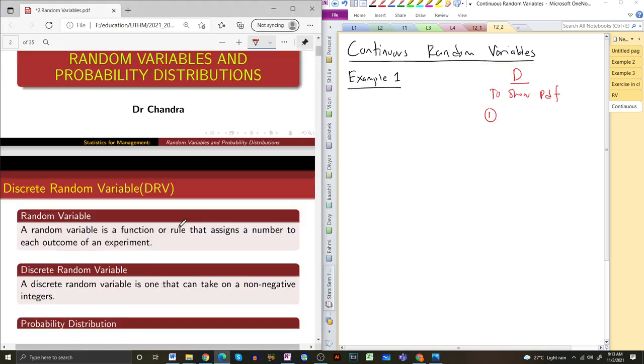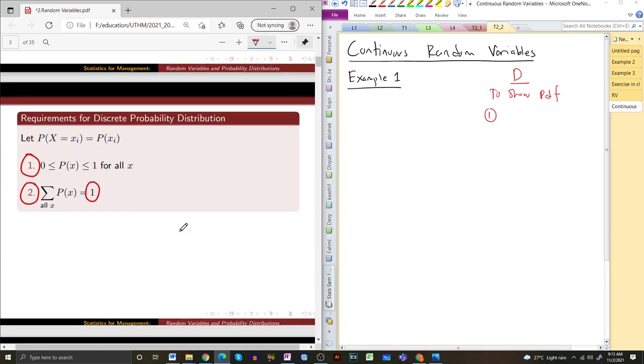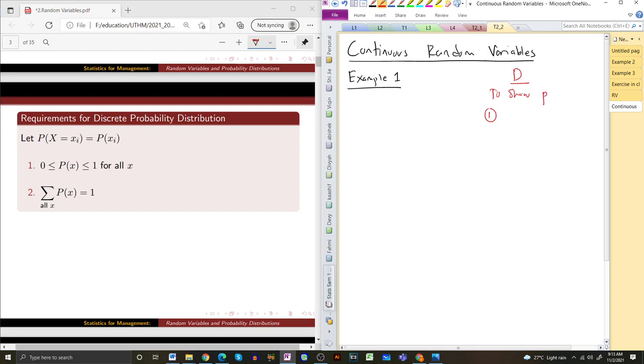In discrete, for you to show it is a probability distribution, first of all the probability must be between 0 and 1, and the second thing is the summation of probability is equal to 1. Remember this is what we did in the discrete.